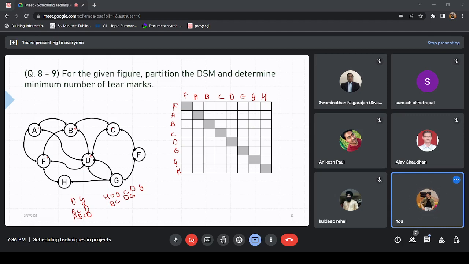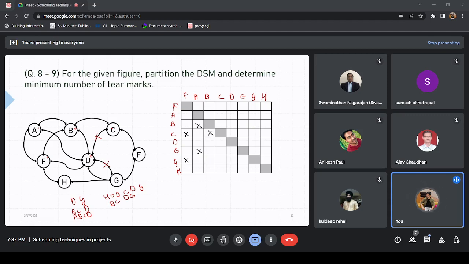Let's break the loop somewhere. So let's say D giving information to G, we are assuming this, and we have got CD common. So C giving information to D, we are assuming it. Let's break CD. So with these 2 breaks, let's try to make the DSM. F gives information to C and G, A gives information to E and B, B gives information to C only, right?